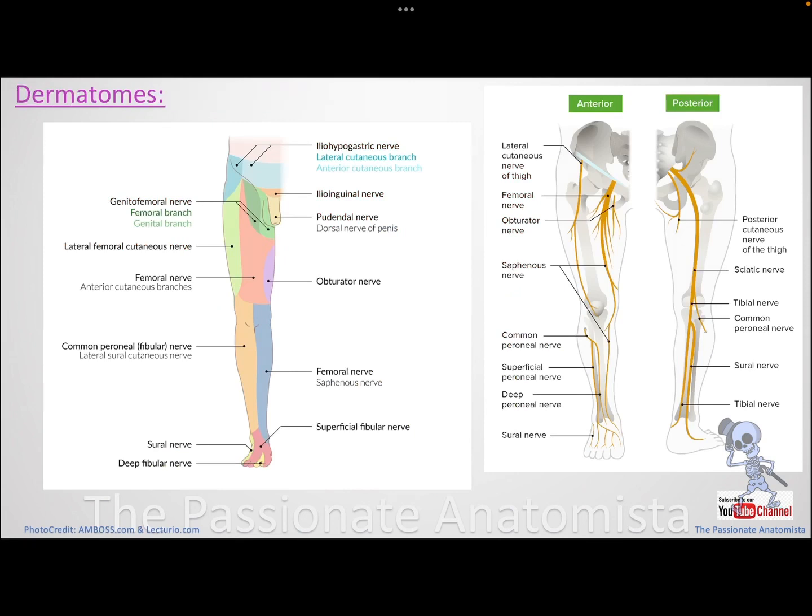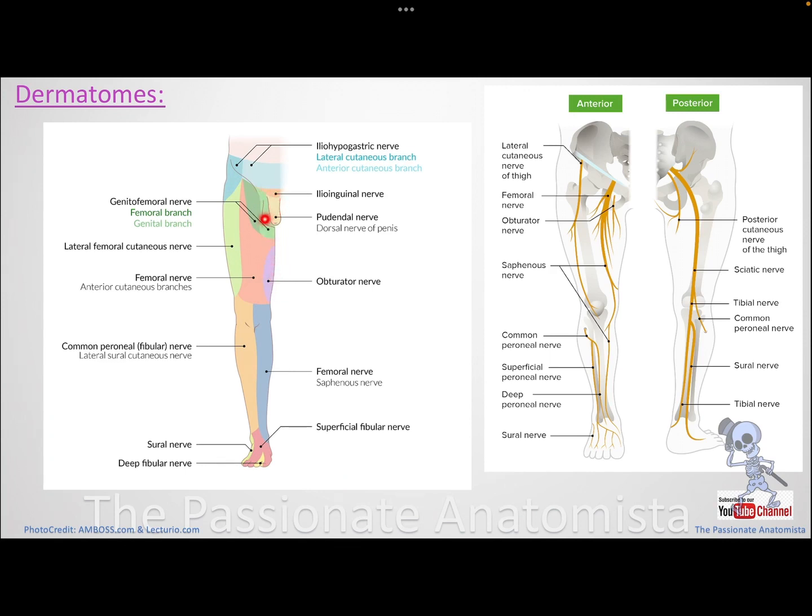And we already talked about the sensory nerves, and like we said previously, stuff coming anteriorly is from the femoral nerve, and then you have the lateral cutaneous nerve of the thigh, and this is from the femoral nerve. And remember that the saphenous nerve will be from the femoral for the medial leg, and then your obturator nerve will give you sensation down here in the lower medial part of the thigh.